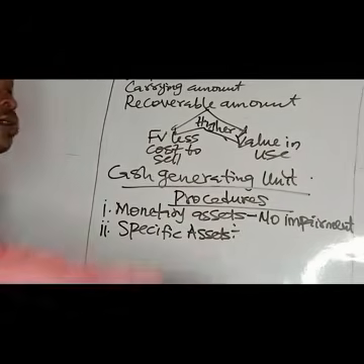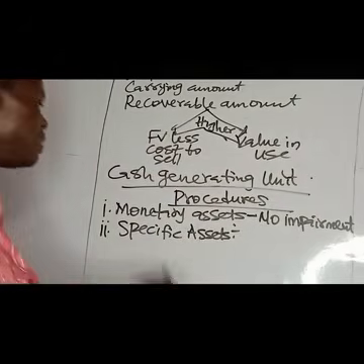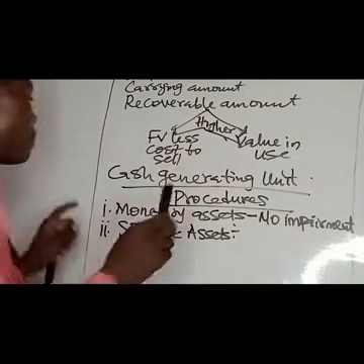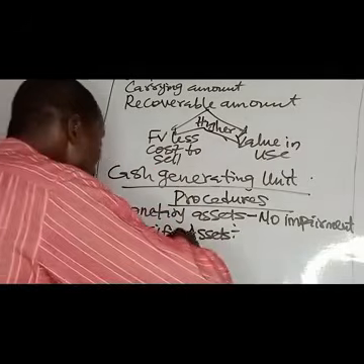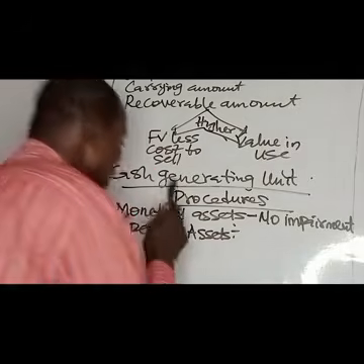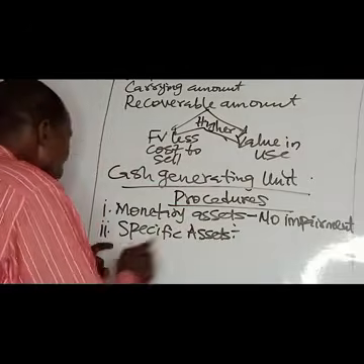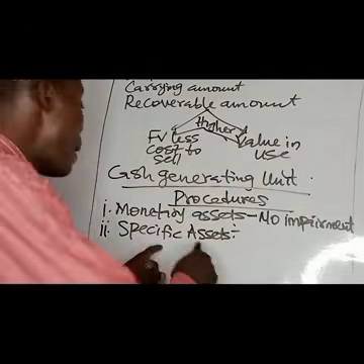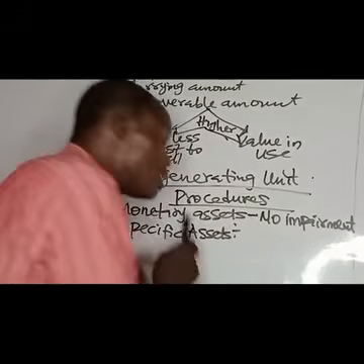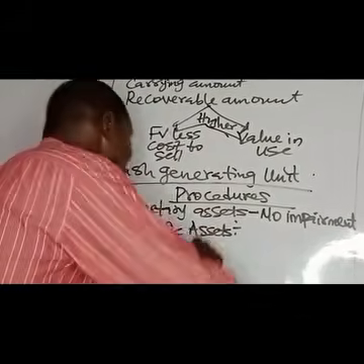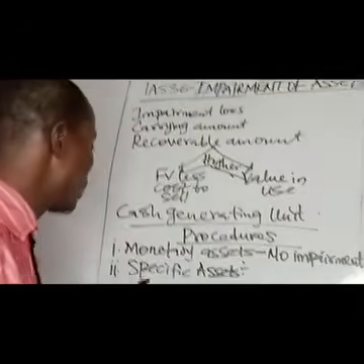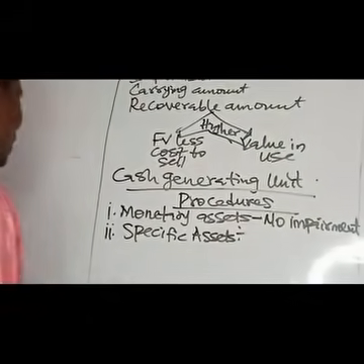That means out of those assets you have, the motor vehicle has been impaired. Apart from the impairment it has suffered, no further impairment loss should be allocated to that specific asset. That is step 2.